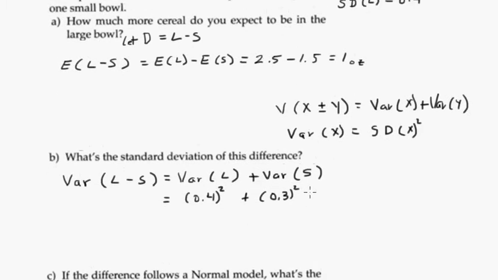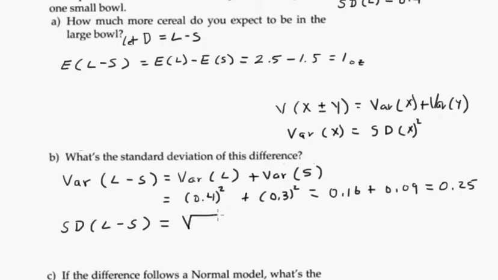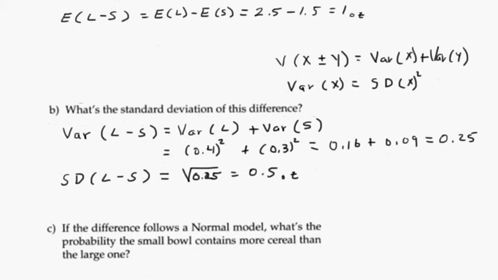So that's 0.16 plus 0.09, which is 0.25. That's kind of a nice number. So the standard deviation of the difference, the large bowl minus the small bowl, is the square root of 0.25, and that's 0.5 ounces. So for the difference, we have an expectation of 1 with a standard deviation of 0.5.